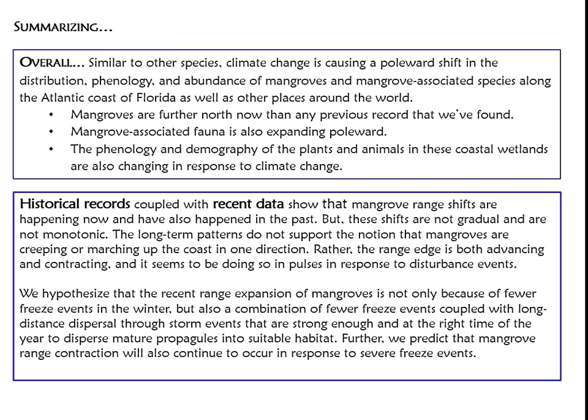And the long-term patterns don't support the idea that it's just mangroves marching or creeping. I think it suggests more a mangrove leaping or jumping. I think it happens episodically, so that under these sort of stable conditions, you get this creeping change within a certain amount of latitude, but these giant jumps are happening episodically.